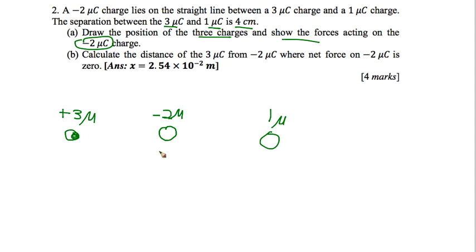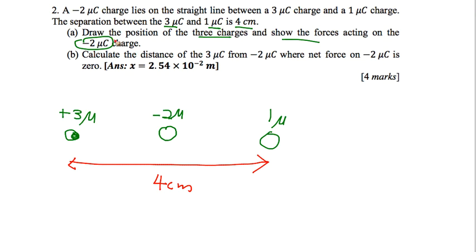The distance between the 3 and 1 microcoulomb charges is equal to 4 cm.